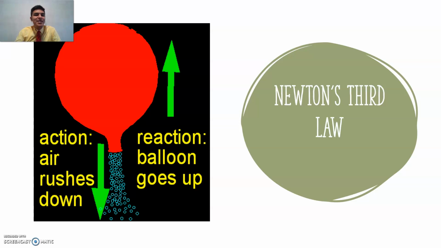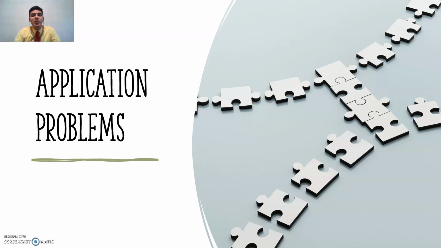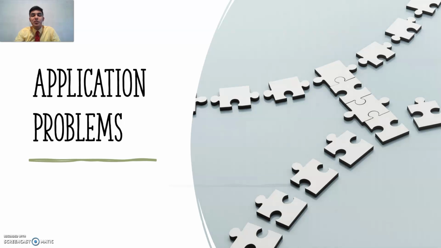So probably right now it might sound a little bit confusing, but we are going to analyze a couple of examples later on. So basically for every action, there is an equal and opposite reaction. Those will be in way simpler words, all right? So I think we are going to understand this law by analyzing some application problems.